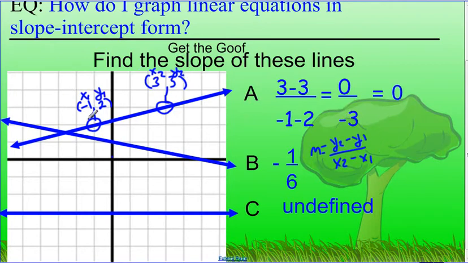Now if we plug that information into our formula, still doing letter A, y2 minus y1 over x2 minus x1. 3 minus 2 is 1. 3 minus a -1 is 4.